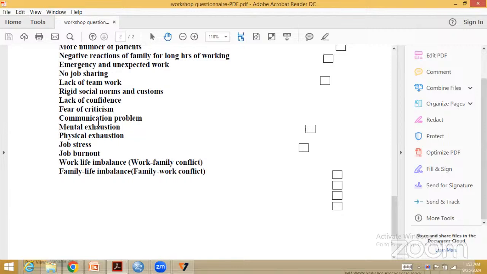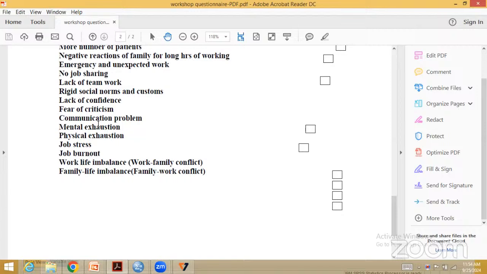Therefore, whenever we use an interval scale for the measurement of a qualitative variable, the qualitative variable becomes a quantitative variable. If you have a quantitative variable, definitely it will create a normal distribution. If you have a variable which creates normal distribution, definitely we will go for an application of a parametric test.